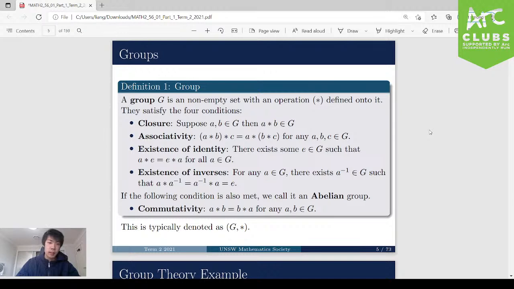The first condition is that it has to satisfy closure, which means that if 2 elements A and B are in the set G, if you take A star B, it ends up in the set G again. Okay. The next condition is that you need associativity, which means that if you have A star B in brackets and then star C, it's the same as if you have B star C in brackets and then have A star out in the front.